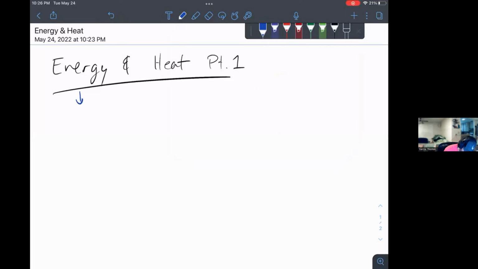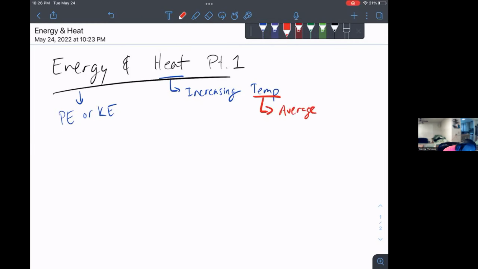We can generally define it with potential energy or kinetic energy, but heat is a very general term, and we kind of think of adding heat as increasing temperature. But if we take that a little further, temperature is nothing but the average kinetic energy of a system.